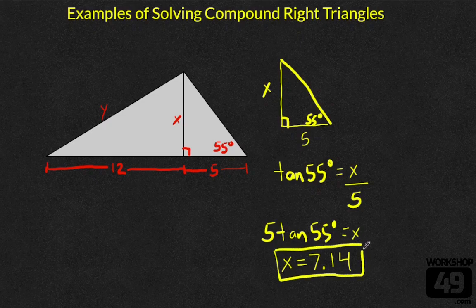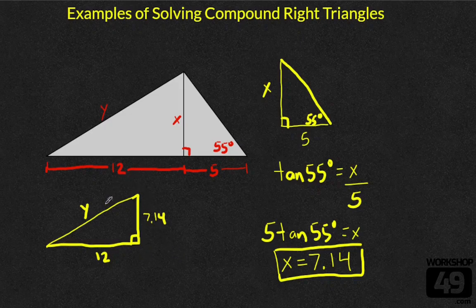Now that we have that x, we can actually work on this second triangle, because instead of having two unknowns, it now only has one unknown because we know what x is. It's 7.14. So if I were to just quickly sketch this triangle again, right down here like this, and it's a right angle, and it's a 12, and our x is 7.14, and we are looking for y.